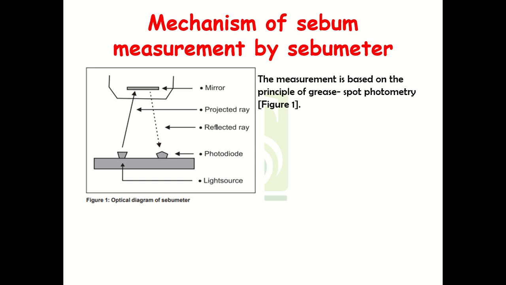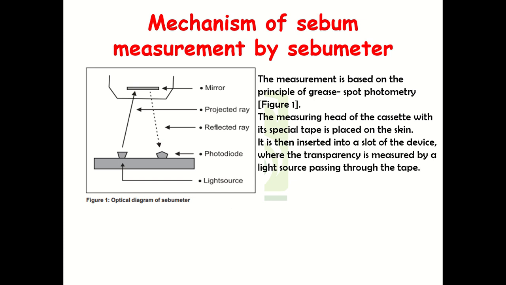The measurement is based on the principle of grease spot photometry. So what is going to happen over here? You have a light source, and through that light source a light will be emitted. The measuring head of the cassette with its special tape is first placed on the skin. The tape becomes transparent depending on how oily the skin is.